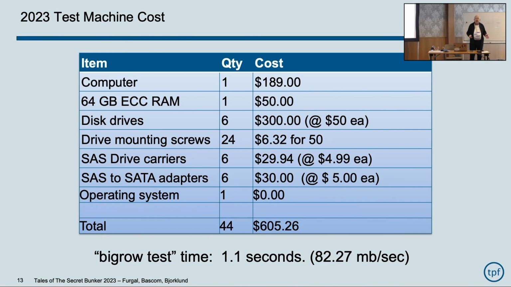It's a pretty stout box, even by today's standards. The BI grow test time is 1.1 seconds, which is quite fast. It's not as fast as you would get with SSD M.2 disk drives or storage plates, but it's pretty fast for rotating iron.